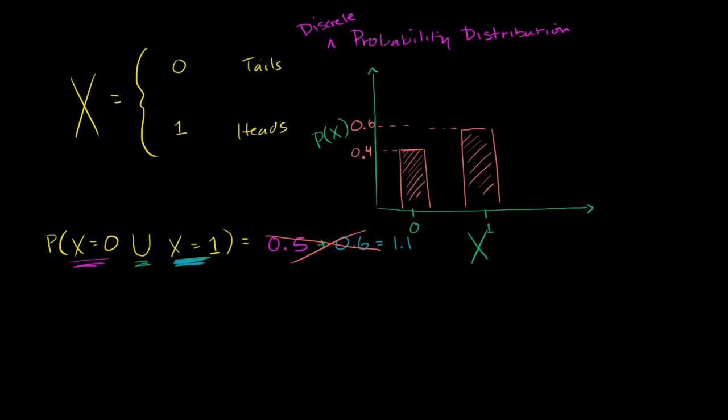And now the last thing I'll ask you, given what you know about this random variable, it's clearly an unfair coin. Are you more likely to get heads or tails? Well, you're clearly more likely to get an outcome of 1. If you look at the definition of the random variable, it will be 1 when your coin is heads. So somehow the coin is weighted to be a little more likely to land heads.